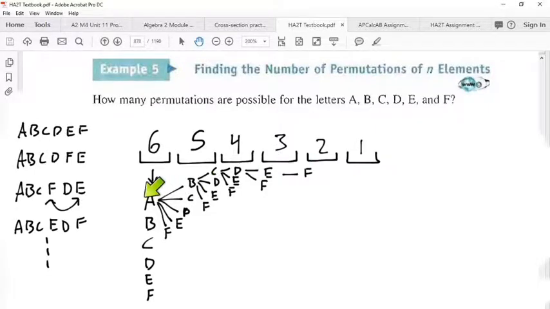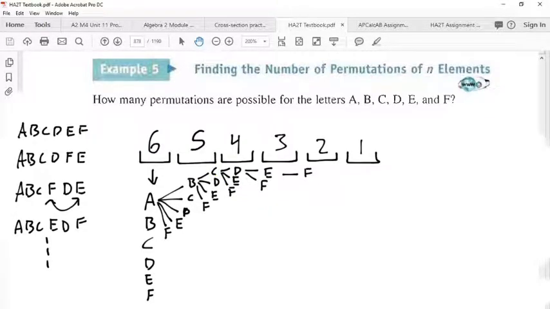So this right here, A, B, C, D, E, F, is one outcome. This is getting gnarly, isn't it? So if I have 6 of these, I have to multiply all these outcomes by 6. And then right here, there's 5, so I have to multiply all these outcomes by 5, and so on and so forth.